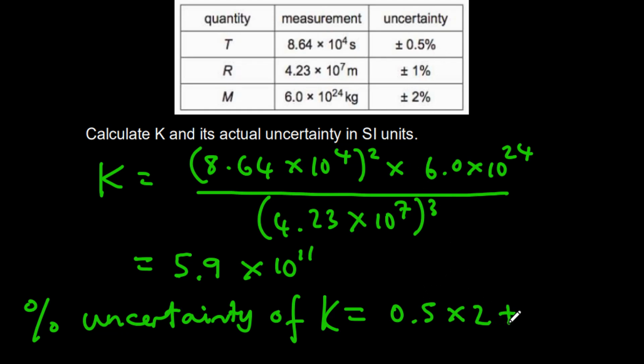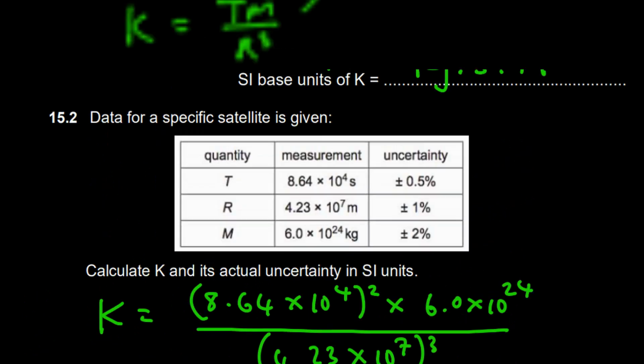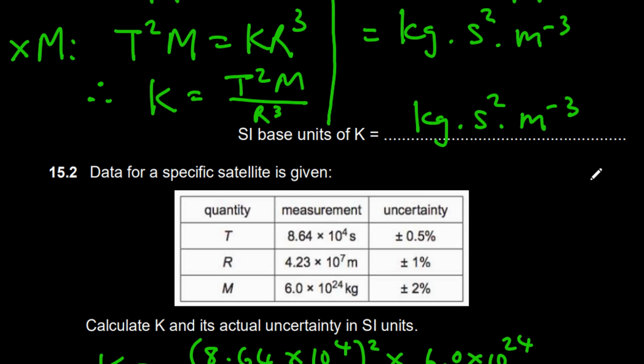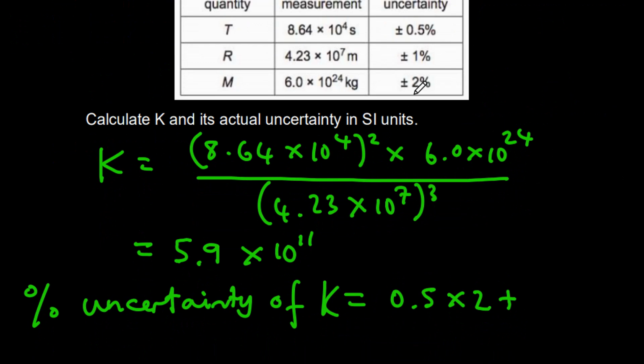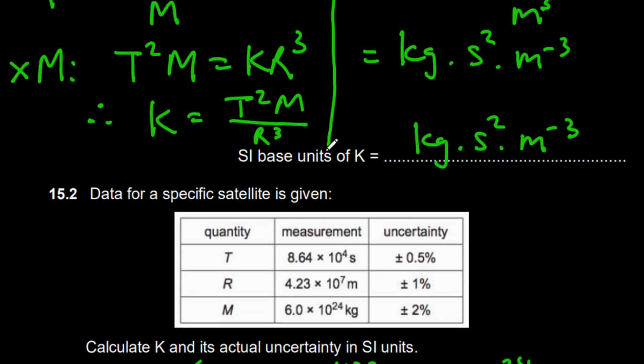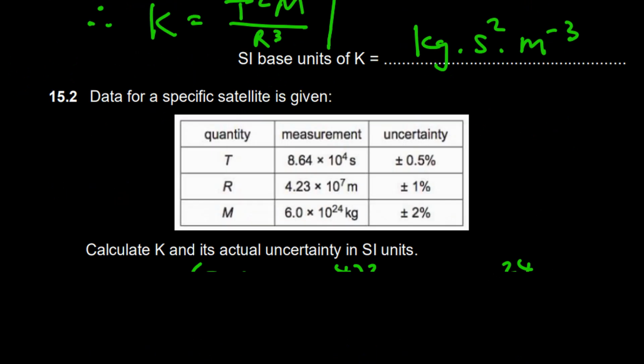Then we add. Then we're multiplying by m, so we can add the percentage uncertainty of m. It's 2. Then we're dividing by r cubed, so we're going to add again, but multiply the percentage uncertainty of r by 3. So it's 3 times 1%.